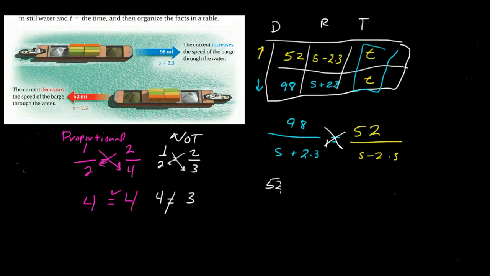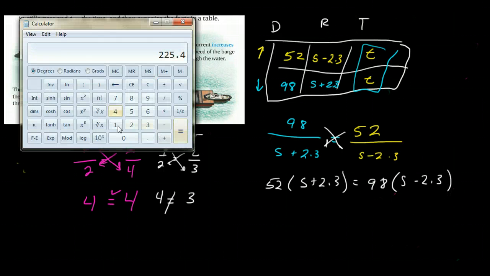And I get 52 times the quantity S plus 2.3, and I'm going to set that equal to 98 times the quantity S minus 2.3. Alright, let's use our calculator here and say that 52 times 2.3 is 119.6.